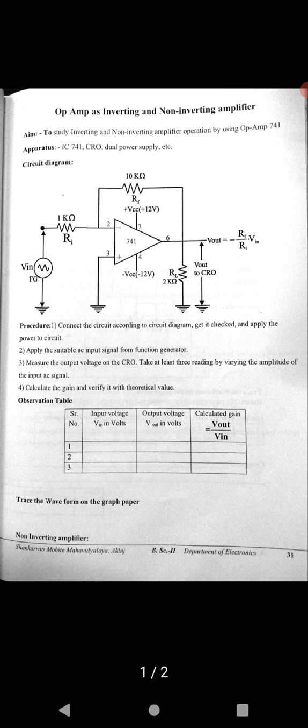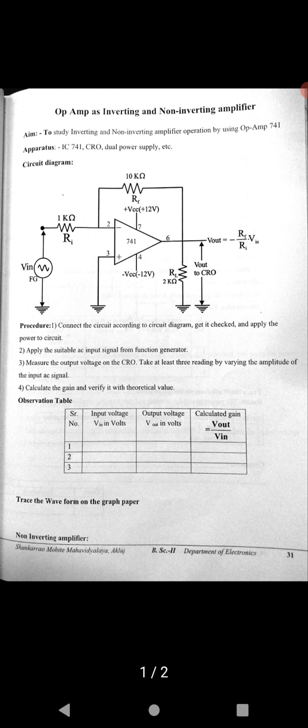The non-inverting terminal, pin number 3, is connected to ground. Then a feedback resistor of 10 kilo ohm is connected between pin 2 and pin 6. Pin 6 is connected to a resistor which is connected to ground, and the output is measured on pin 6.